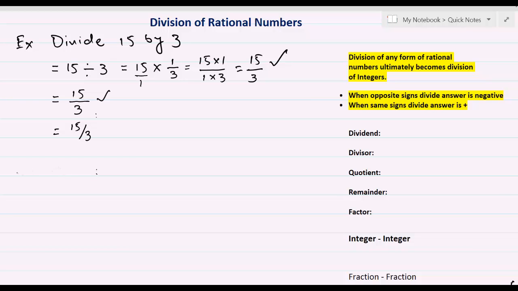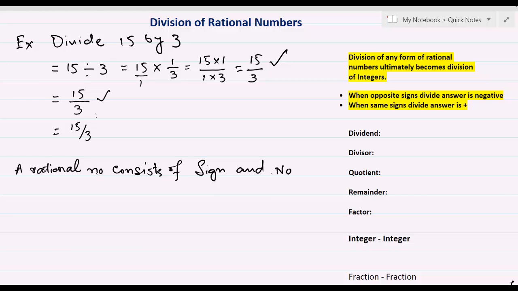A mathematical number consists of sign and the number. For example, in this case 15, what is the sign for 15? Because we don't see any sign, obviously that is a plus sign, and if there is a negative sign, then that should be written there.